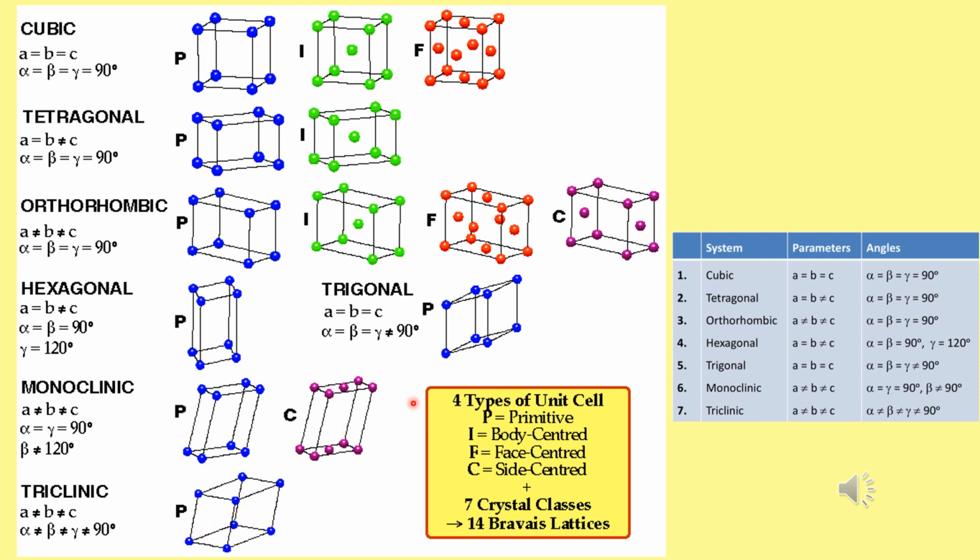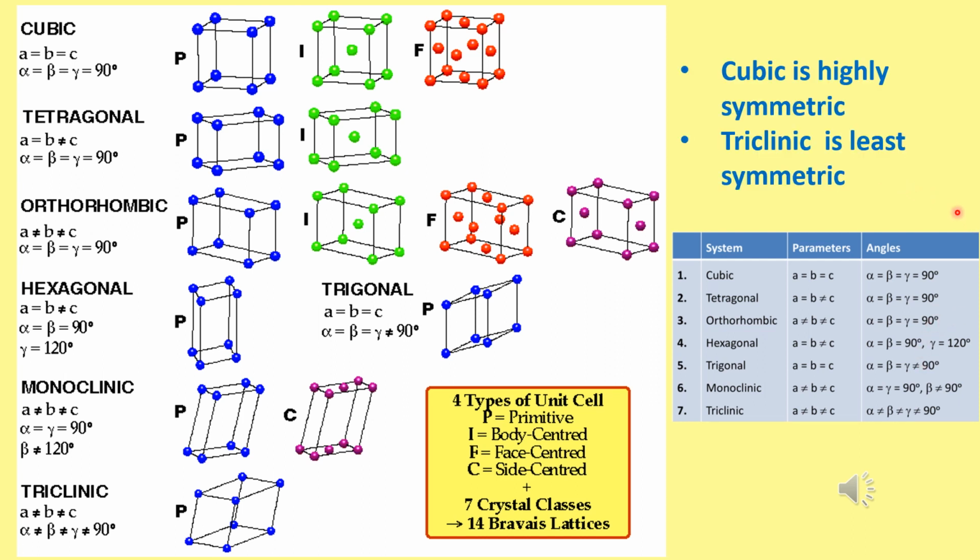If we add all these, we get 14 Bravais lattices. These are the 7 crystal systems with their conditions for lattice parameters a, b, c and angles alpha, beta, gamma. Cubic is highly symmetric because a equals b equals c and alpha, beta, gamma are 90 degrees, whereas triclinic is least symmetric because no sides and no angles are equal.